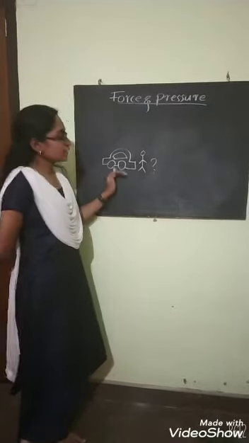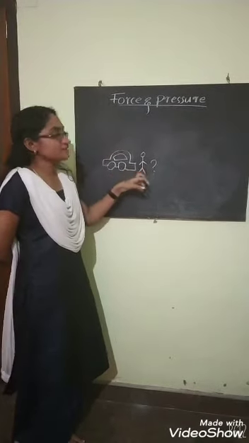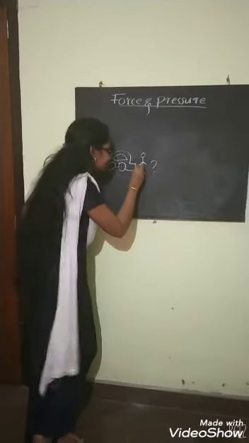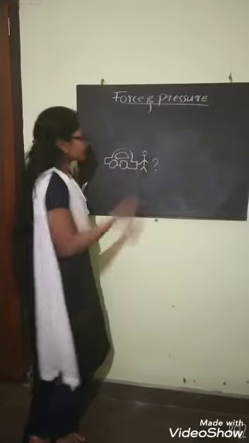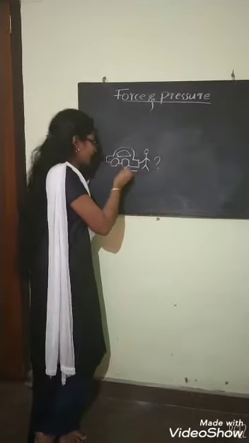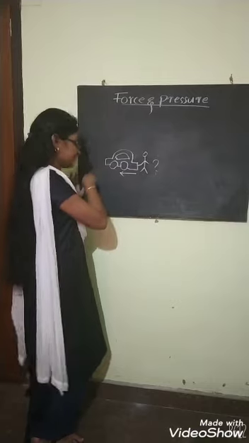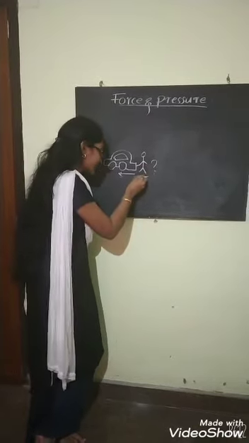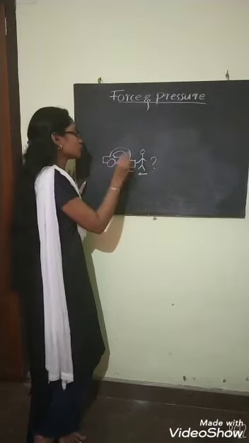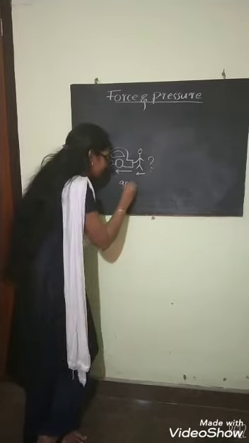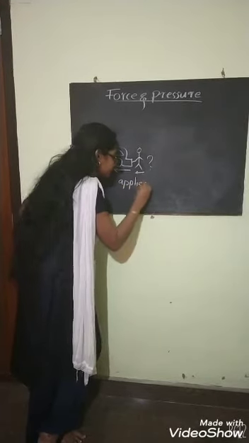This car will not move. Now this person pushes this car. Then what happens? This car moves to this side. That is, the person gives force in this direction and the car moves in the direction of the applied force.